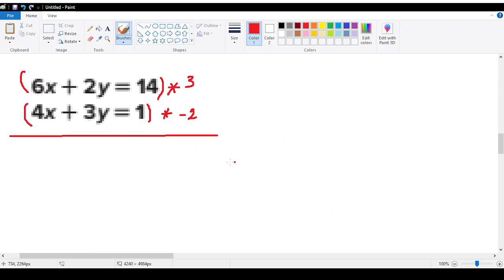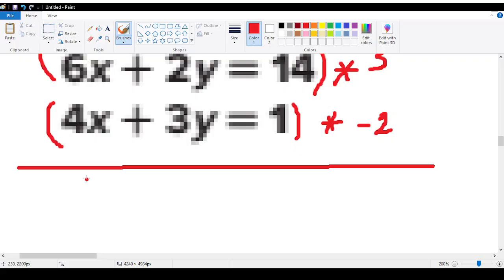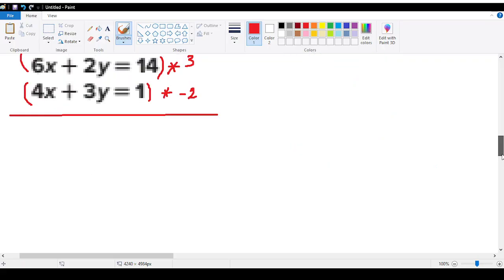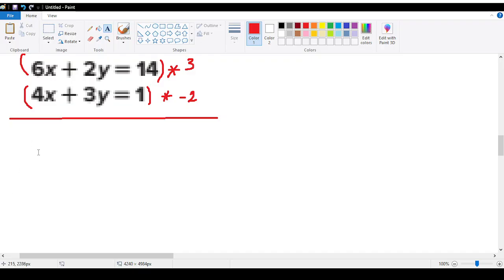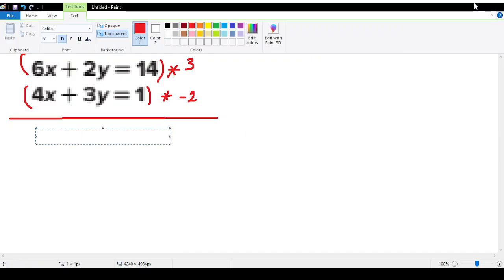Now, multiplication. Can you tell me what I should write here? Yalla. 6 times 3, how much? 18. 18x. Good. Plus 2 times 3, 6y, equals 14 times 3, 42.